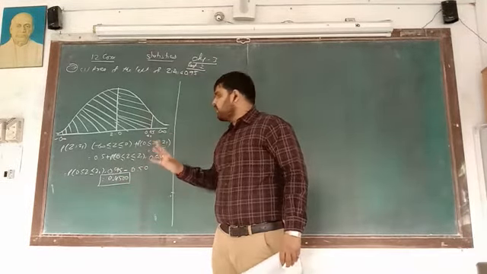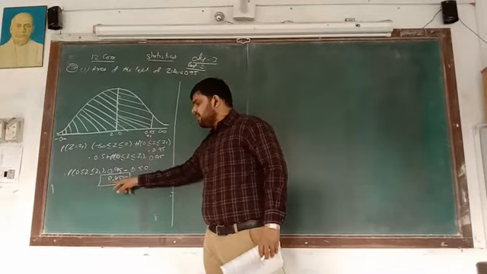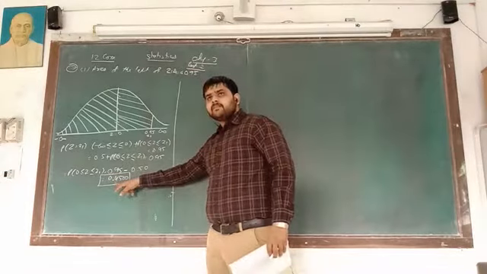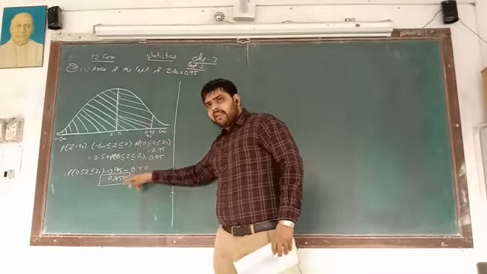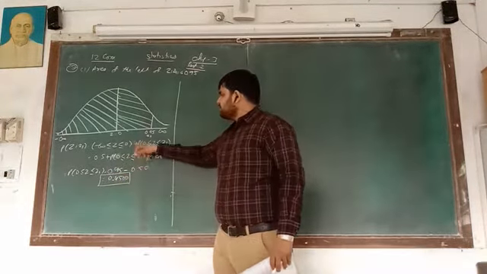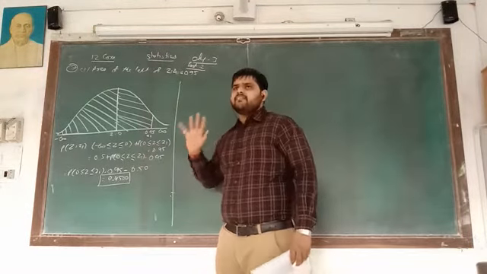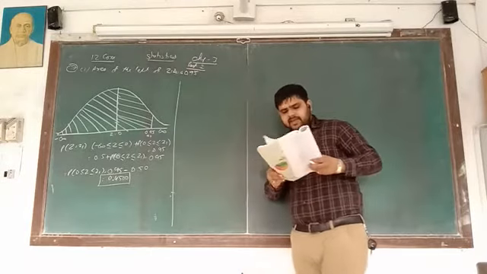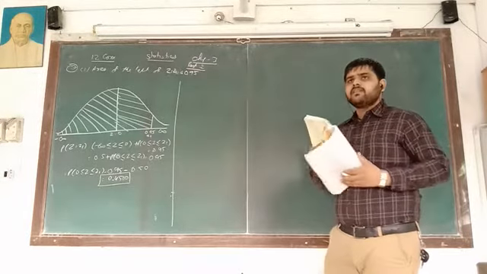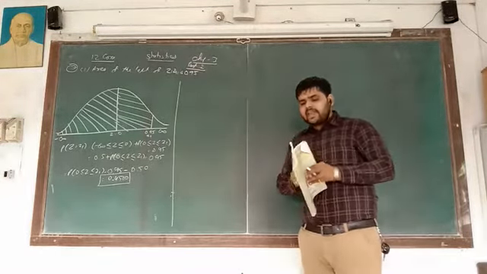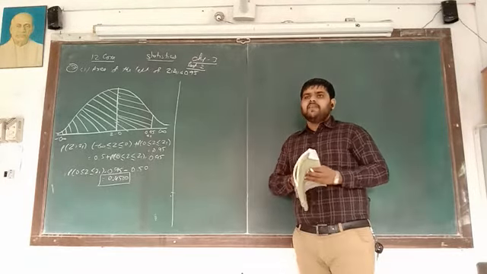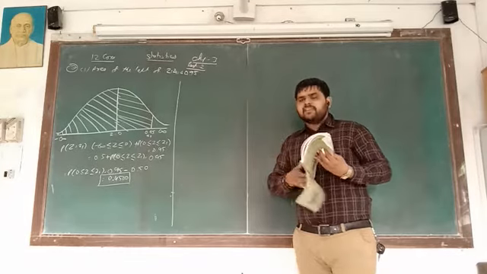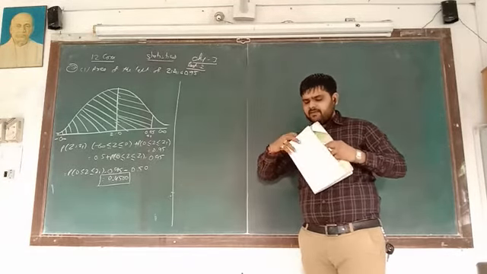So the probability area is 0.4500. On the basis of this value, we have to find out z1. This is the question. Okay, so how can we find it out? Again, you have to use the last page of your textbook. So open the last page. How can we find it out? Let's see.